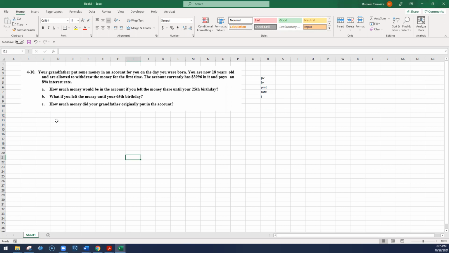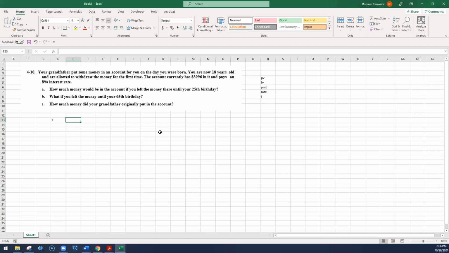On the first question, they give you this data: the T or time, or you can use N, that's the number of years. I'm just going to put it as time. You are 18 years old and you need to know that 7 years from now is your 25th birthday. That's how much money is going to be left in your account until you're 25. In other words, how much your money is going to grow until you're 25 at this rate of 8%.